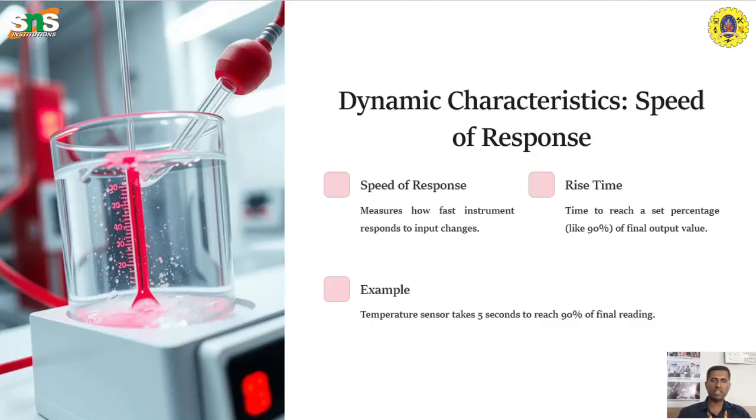obvious. Let us take for example the flow rate inside a pipeline, which is changing within 2 seconds. So every 2 seconds you get a change of the flow rate inside the pipe, but your instrument can measure changes only every 10 seconds.